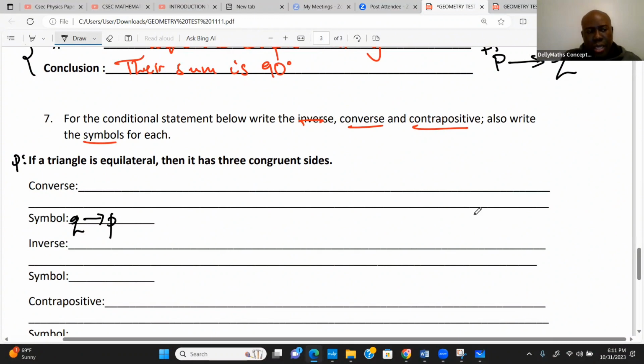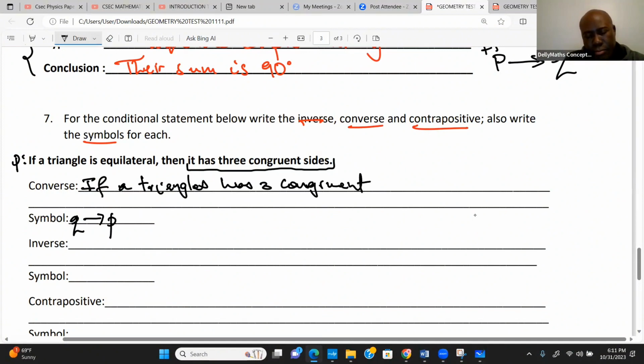So we're switching. It means I'm going to take this part and make it my hypothesis. I'm going to say, if a triangle has 3 congruent sides, then it is equilateral.